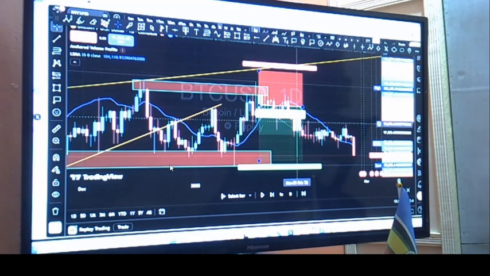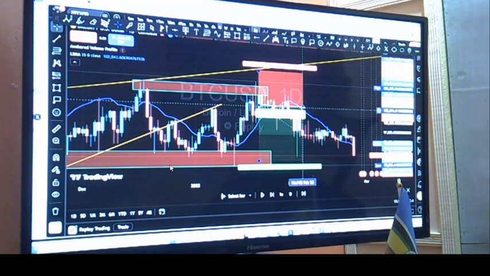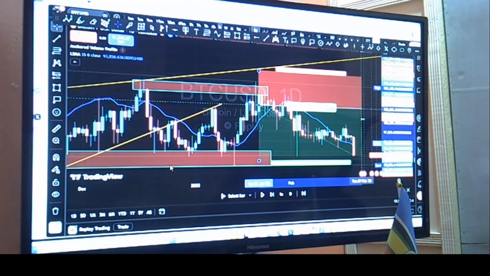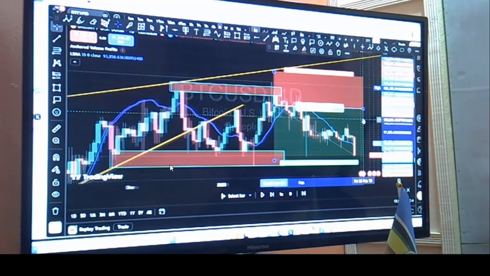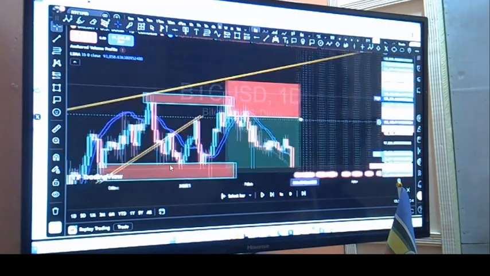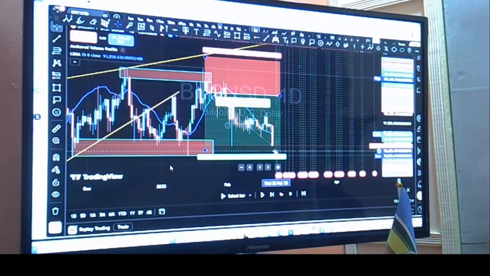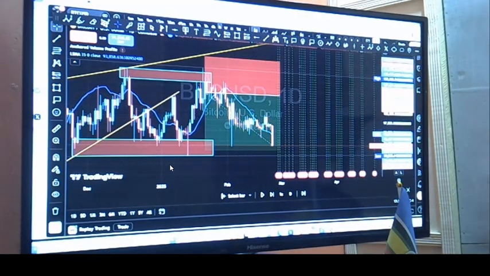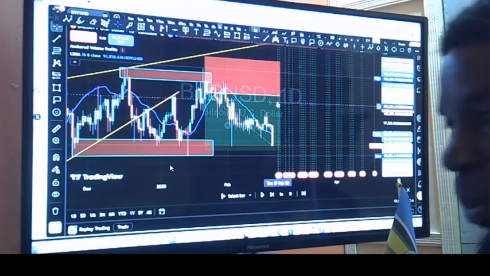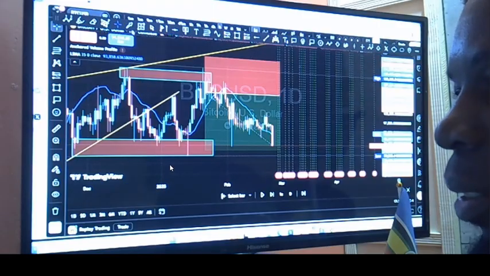So almost we are there, guys, as you can see. Because you have to be patient, this is it. The market came our way until we hit our stop loss there. But we have to be patient for almost how many days are these? Let me see from here.